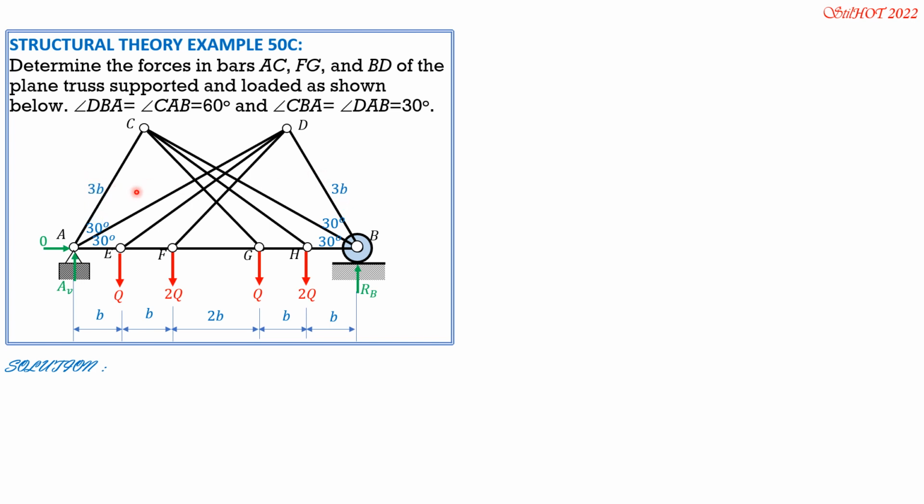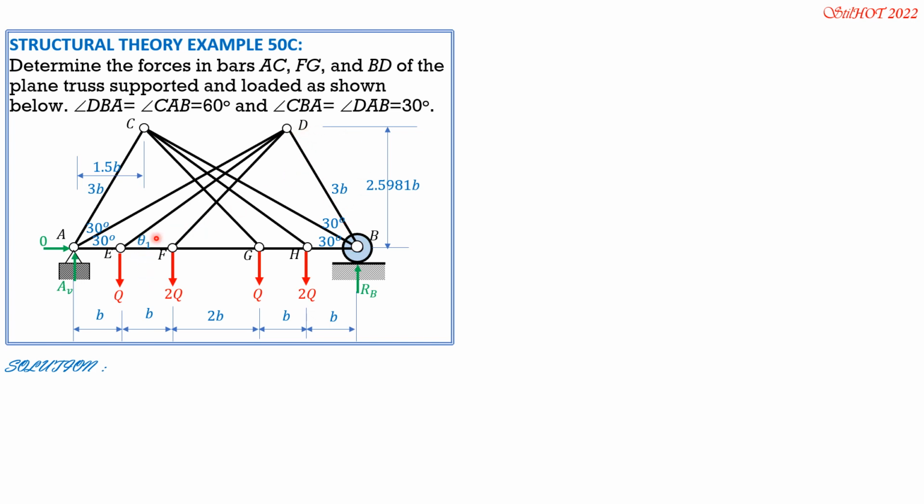That's also 3b. Then the vertical distance is 3b sine of 60, so it is 2.5981b, while this horizontal distance is 3b cosine of 60, so 1.5b. Horizontal distance between D and B also is 1.5b.